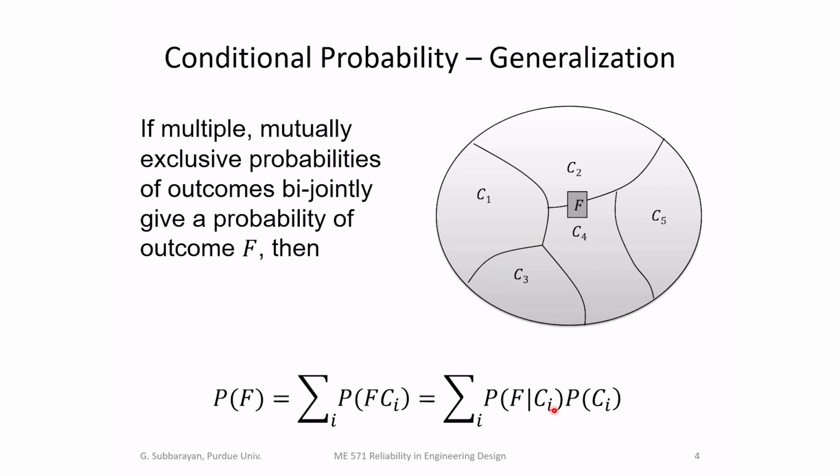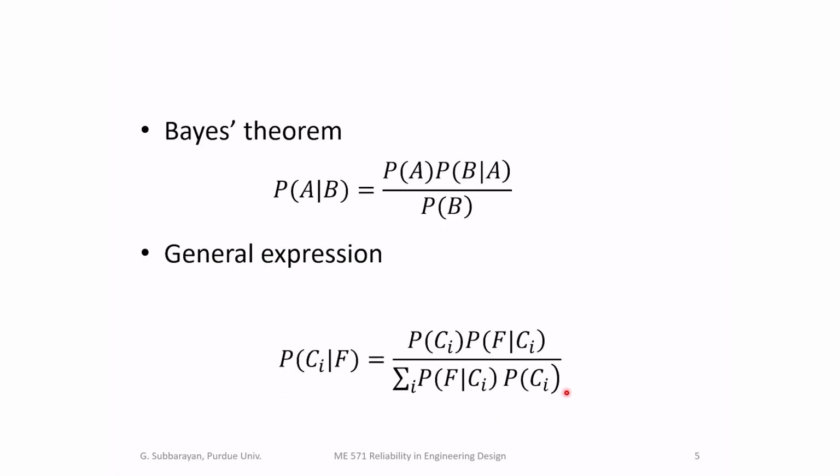Okay, I'll work through examples to illustrate this notion, but it's important to keep in mind that this probability of failure given Ci is the situation in a laboratory, whereas in reality we would seek Ci given F. In practice, in field use, not in a laboratory environment, what we would seek is, given that a failure has occurred, what's the probability that it occurred due to a specific cause?